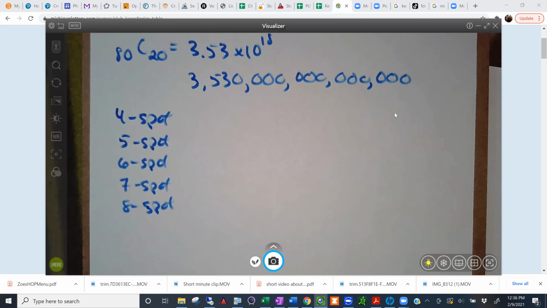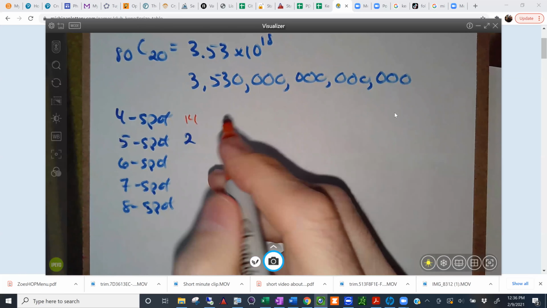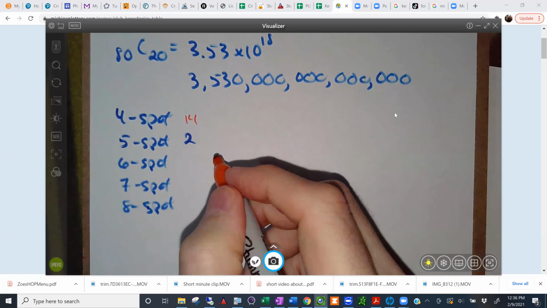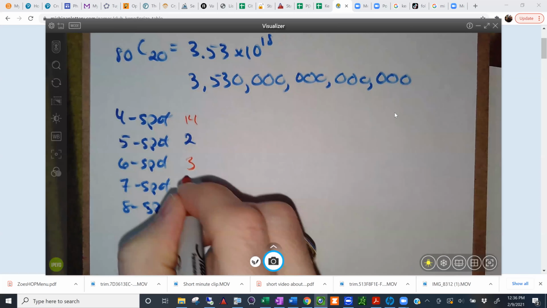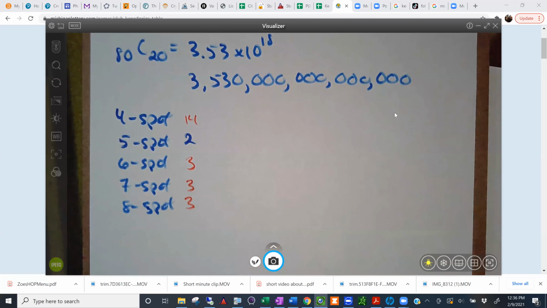So 14 of you want to play the 4 spot. Then 2 want to play the 5 spot, 3 want to play the 6 spot, 3 want to play the 7 spot, and 3 want to play the 8 spot. So other than a big group of you at the 4, still kind of spread out.